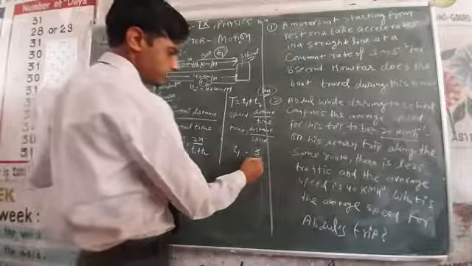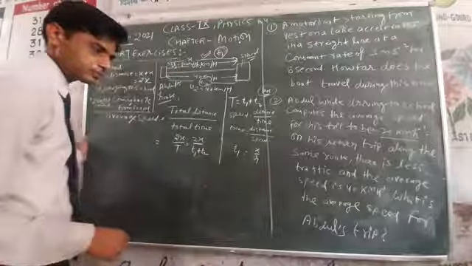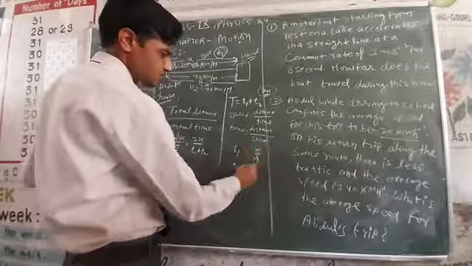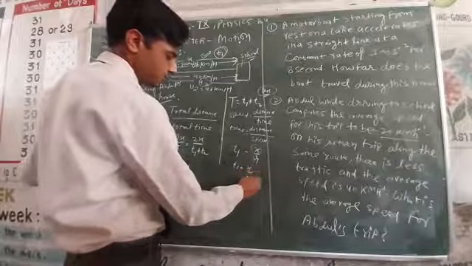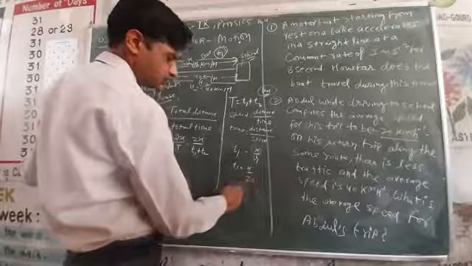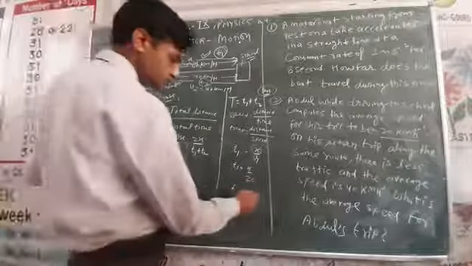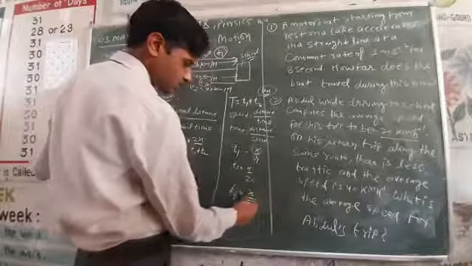So t1 equals x upon 20, and by using the same formula, t2 is x upon 40.